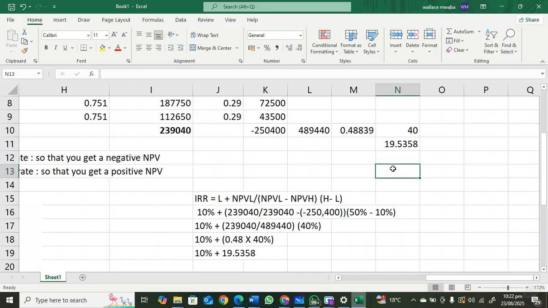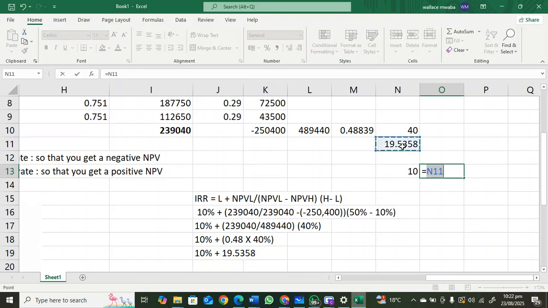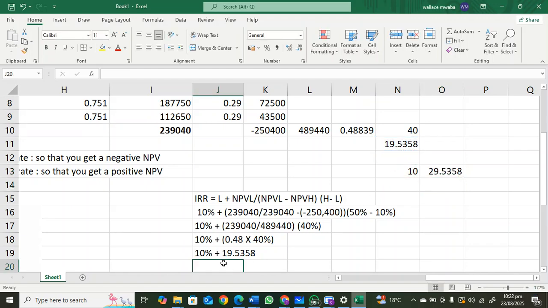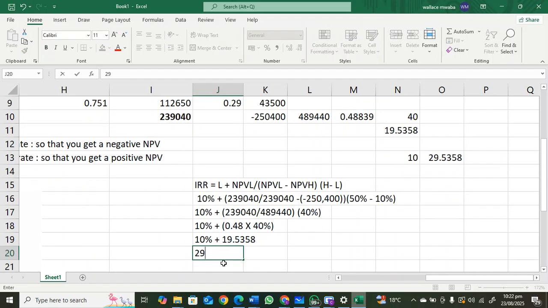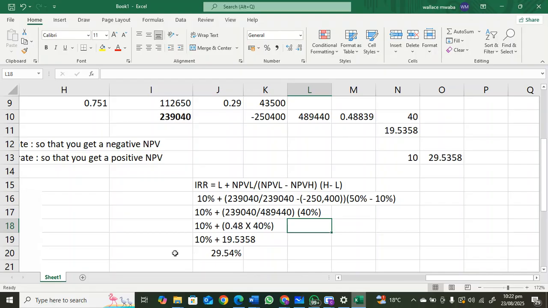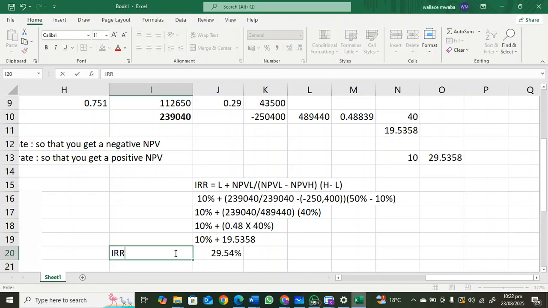If we add that to 10, we get 29.53%. So that is our internal rate of return.